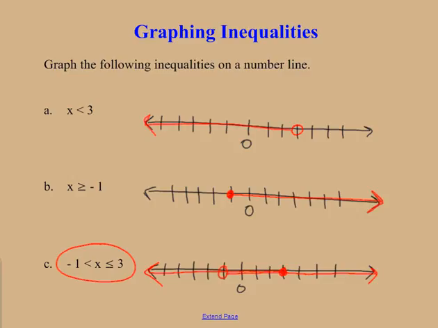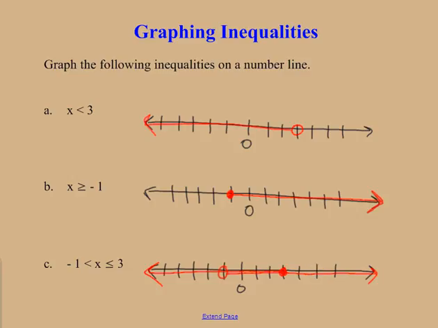So, for example, let's pick a number here, like this. 1, 2, 3, 4, 5. That's 5 right there. 5 does satisfy x being greater than -1, but it does not satisfy x being less than or equal to 3. So 5 is an example of a number that does not satisfy the inequality.